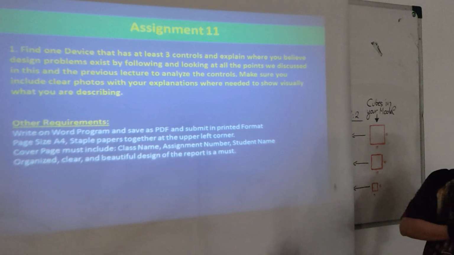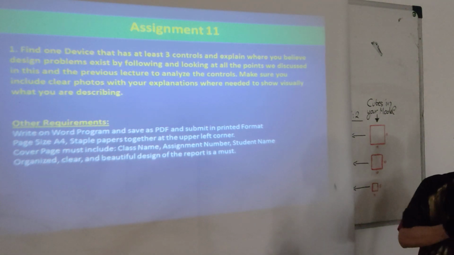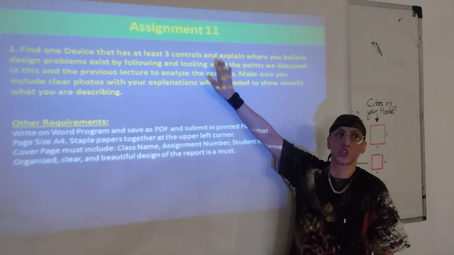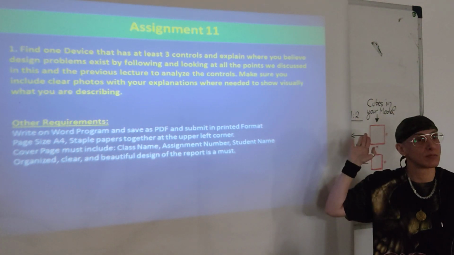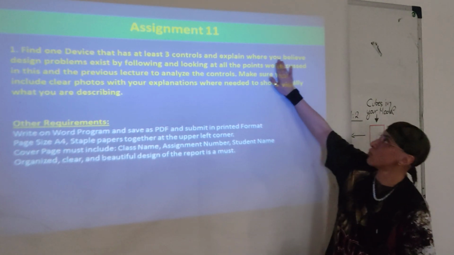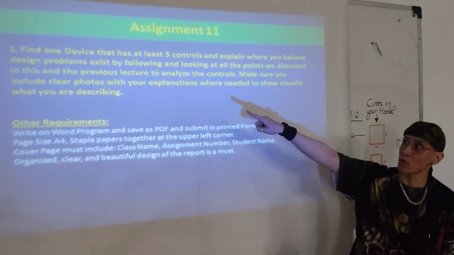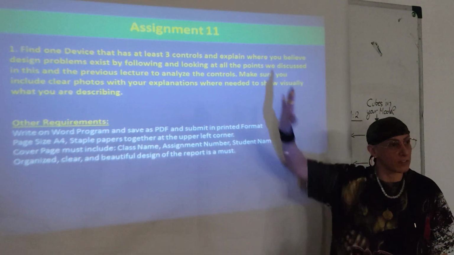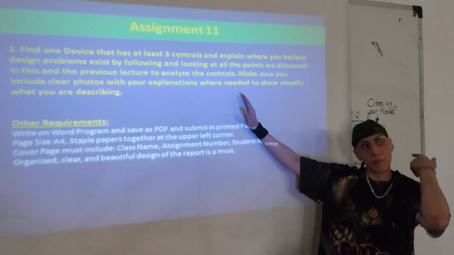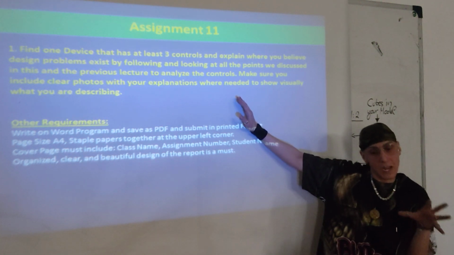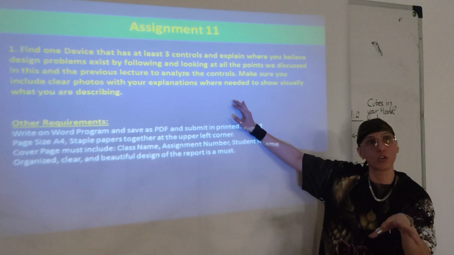Now, your assignment. Find one device that has at least 3 controls. Minimum 3 controls, okay? And explain where you believe design problems exist. Now, don't forget that in the previous class lecture and this lecture, everything was focused on controls.